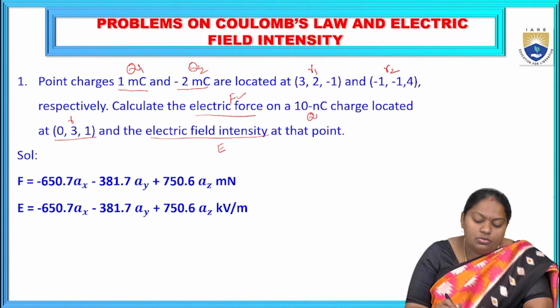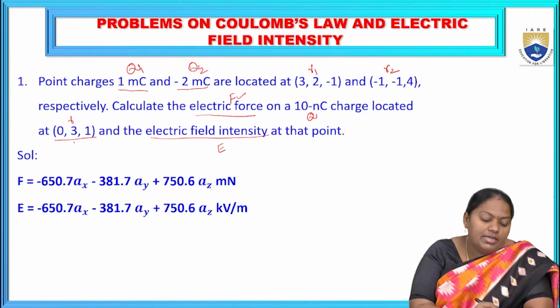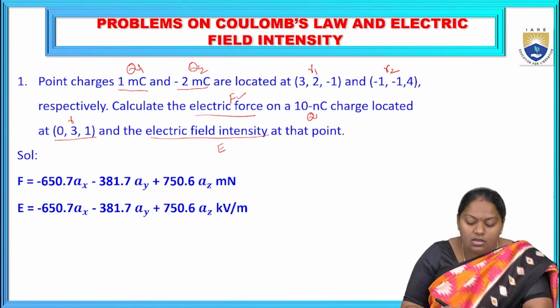From this Q, we are going to estimate the distance to Q1 and Q2. R1 and R2 are the position vectors, and the charge Q is at the point (0, 3, 1).